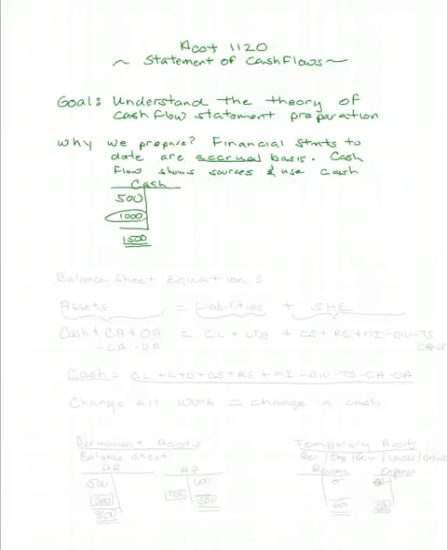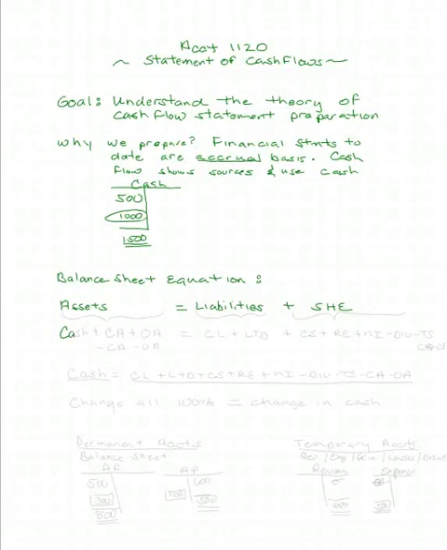We can use the balance sheet equation to help us understand how we're going to do this. You're all experts at the balance sheet equation right now. Assets equal liabilities plus stockholders' equity. Let me expand the balance sheet equation to include a few different categorizations.